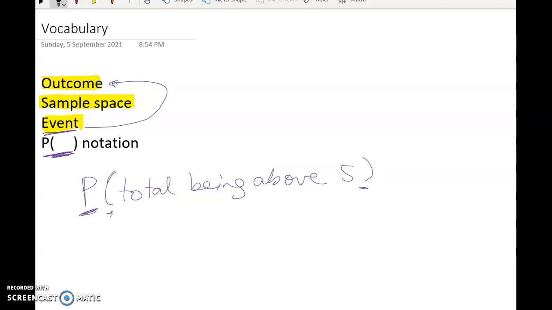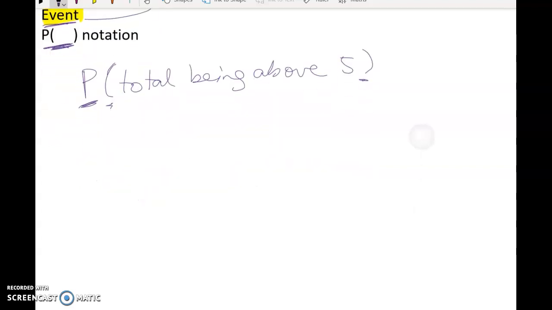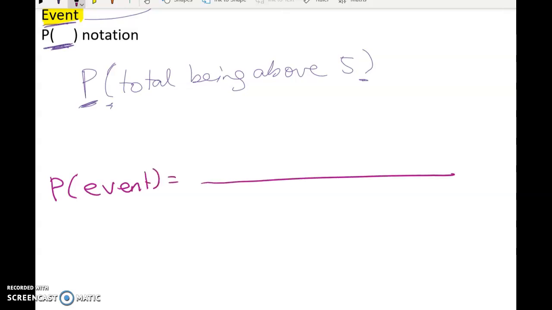Okay, I'm going to work through a couple of examples here, but there's a way to think about probability that will help me a lot, and that is that the probability of some event can be thought of by saying, let's break our situation up into the total number of things that can happen.